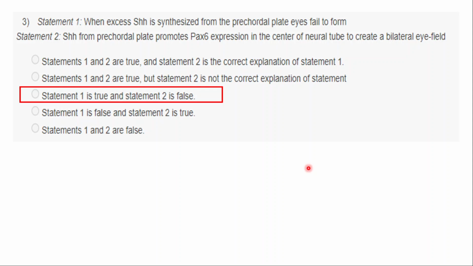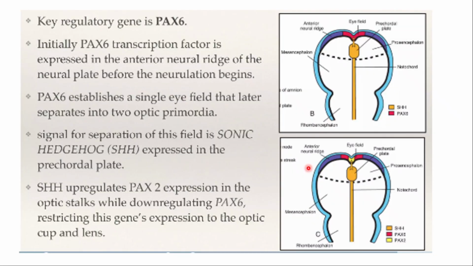Now let us understand eye development, SHH, and the role of PAX6 in the eye field. So PAX6 is a key regulatory gene. It's a transcription factor. Initially, the PAX6 transcription factor is expressed in the anterior neural ridge of the neural plate before neurulation begins.